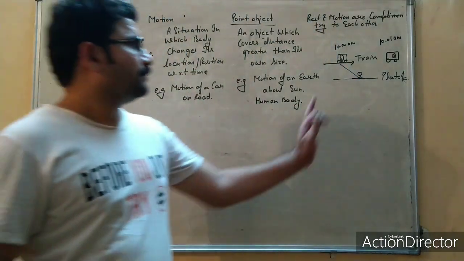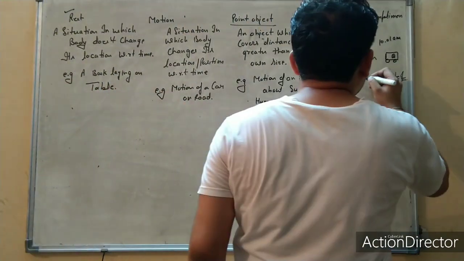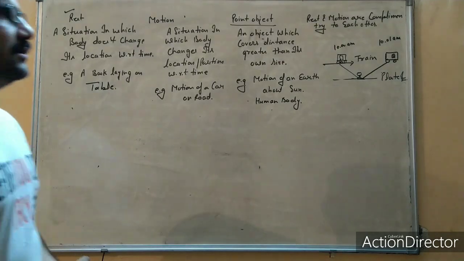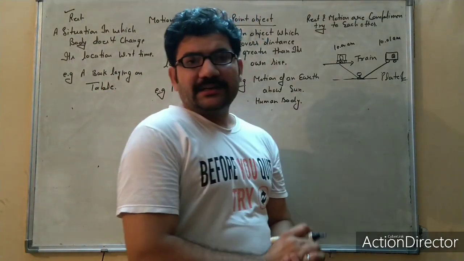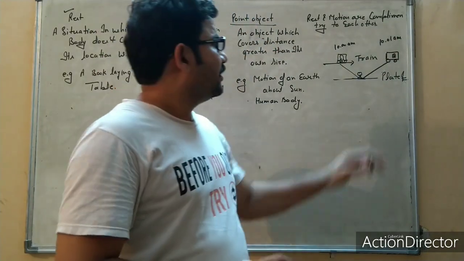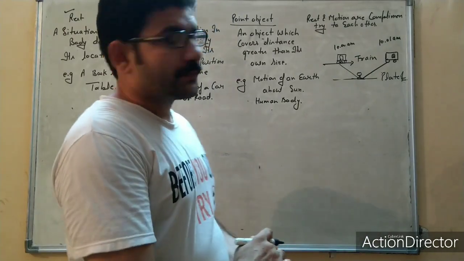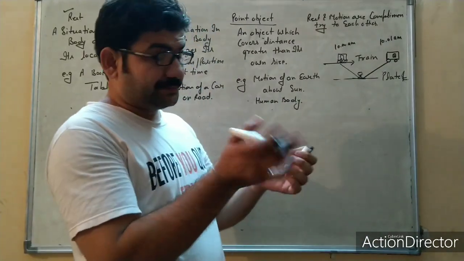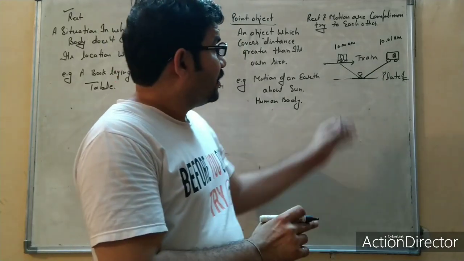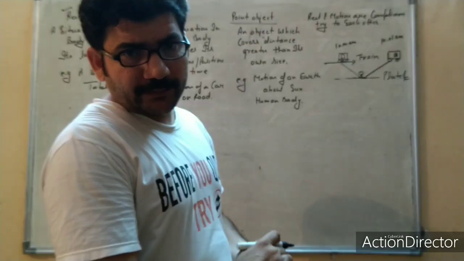At 10 a.m. the location between them is this one, but after 10:01 the location is that. Here it is clear that the train is moving in that direction, but the person does not move, standing on the platform.